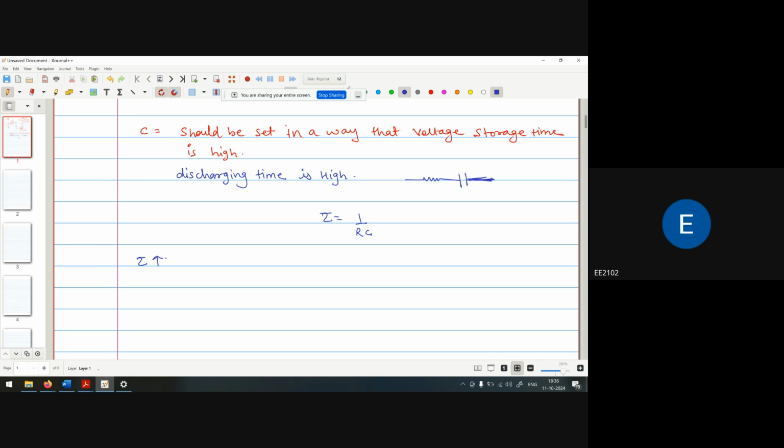And how do we set the time constant high? That means the value of RC should be less. Now, how particularly should RC be less?